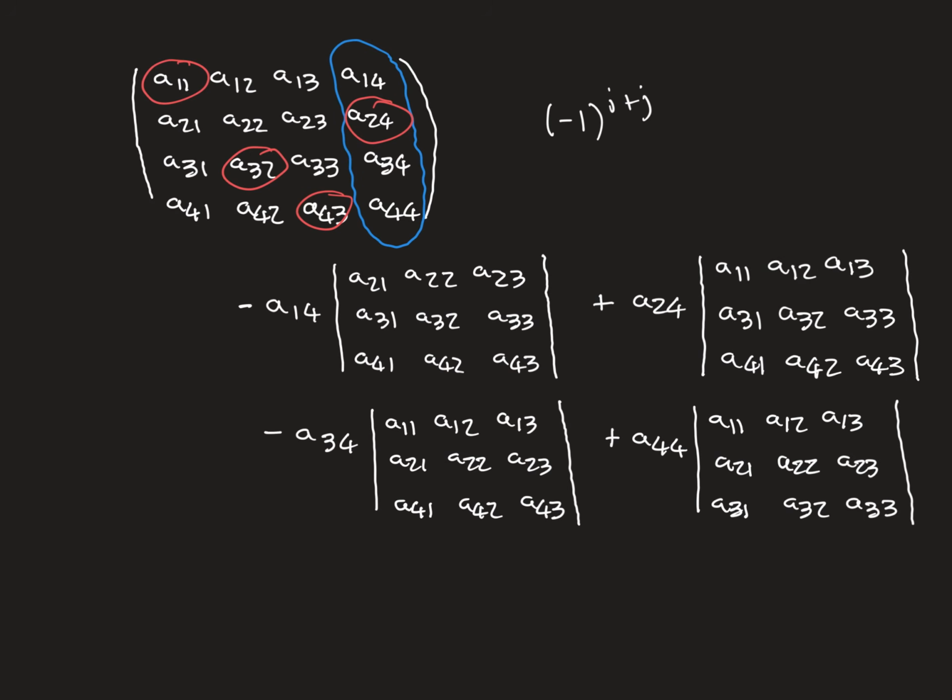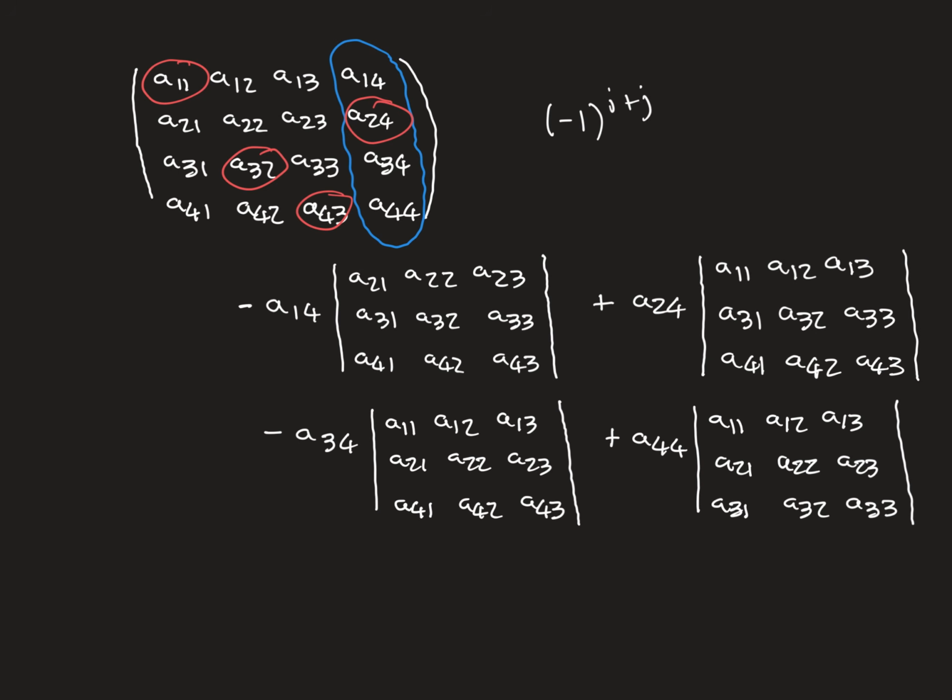And then finally for this one, A44 is actually in the correct position, so you don't need to change the signs at all. So this formula, I hope you understand, does give you the correct sign that you need in front here to correct the odd and even parities in front of each of the products.